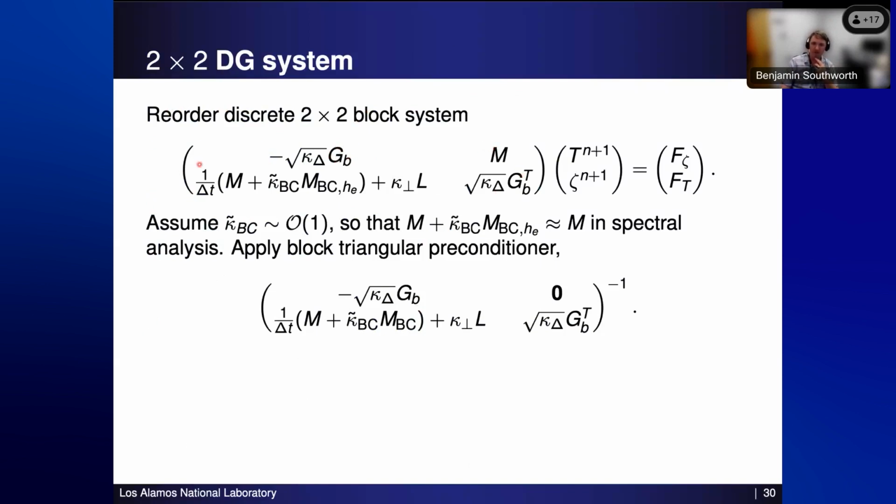And down on the bottom left, we have two mass matrices. We have the time-dependent mass matrix and this special boundary condition integral mass matrix. And then we have our isotropic diffusion. And so this boundary condition penalty ends up being order 1. So for the analysis in the next slides, we're just going to denote this as a single M, and it's effectively equivalent in a spectral sense.